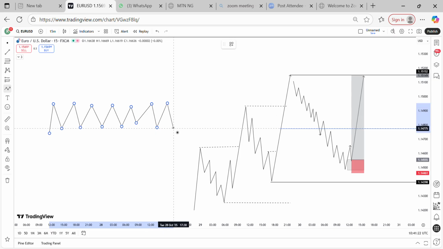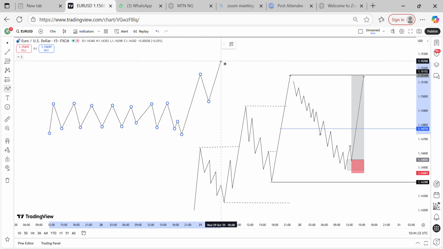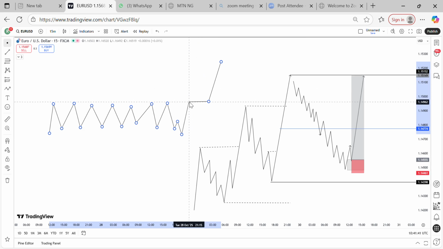So if the buying pressure becomes higher than the selling pressure, then we might get something like this to the upside, to continue going up. But if the selling pressure is more than the buying pressure, you get something like this to come down.